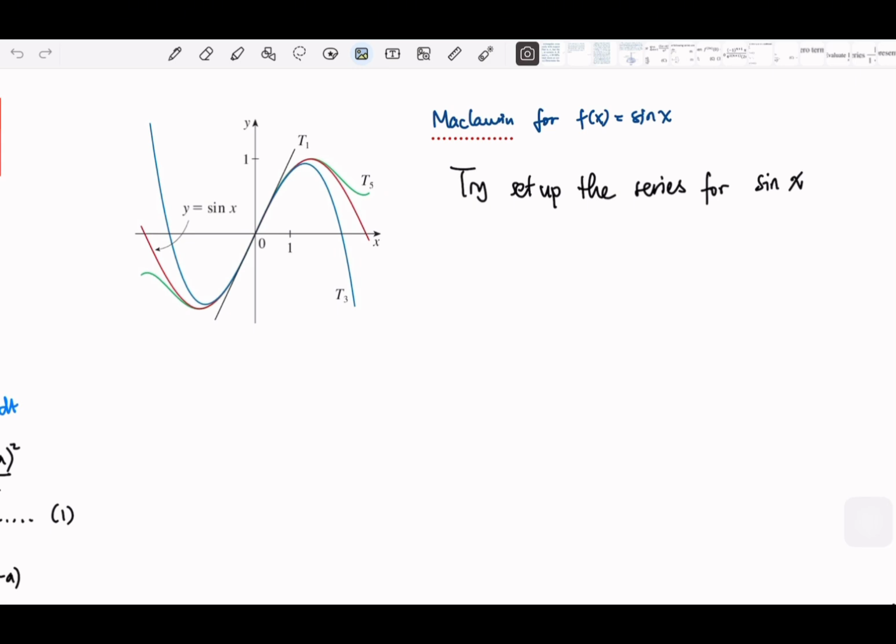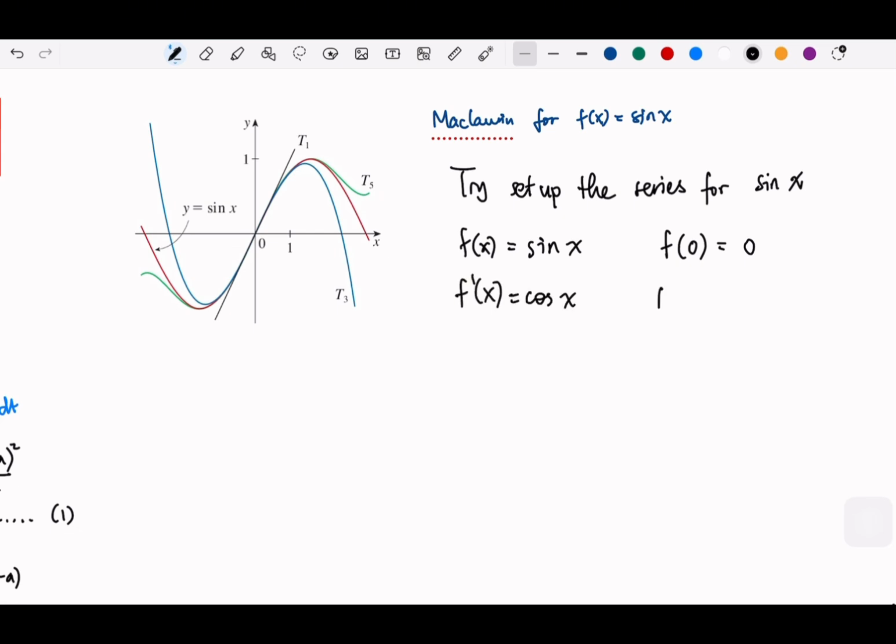Okay. So we have the function sin x. For the Maclaurin, we're going to take x equals 0 to get the coefficient. And since the coefficient will be relatively between 0, 1, or negative 1, as in trigonometry, right?